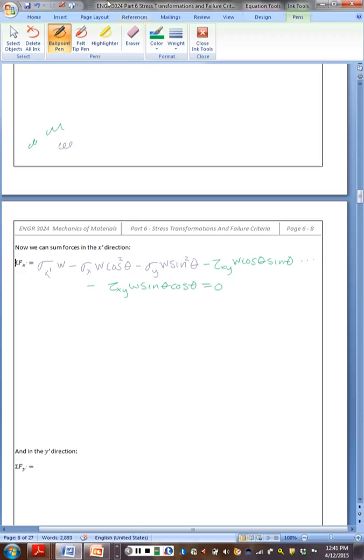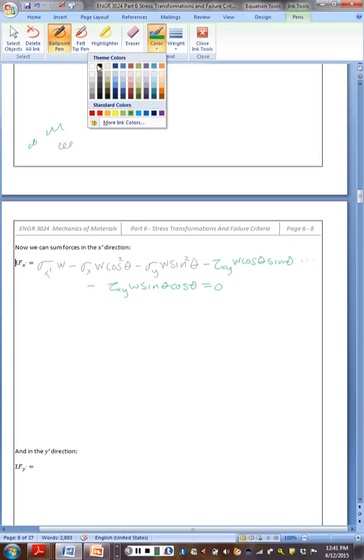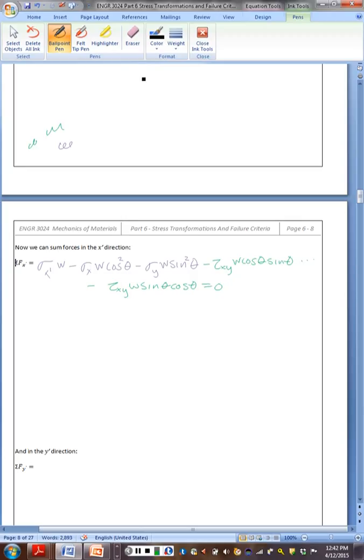So the first thing that we can see about this kind of cumbersome equation is that W will drop out, and now we need to solve for our sigma x prime.